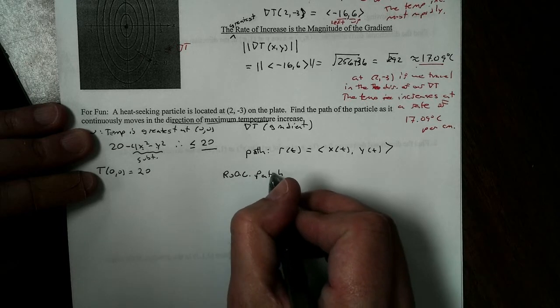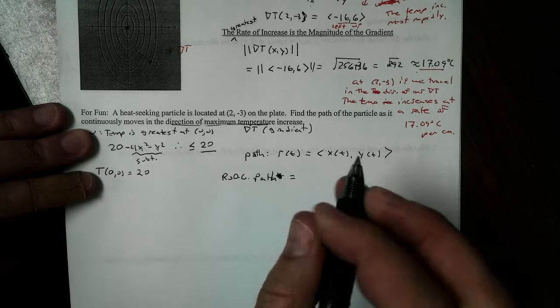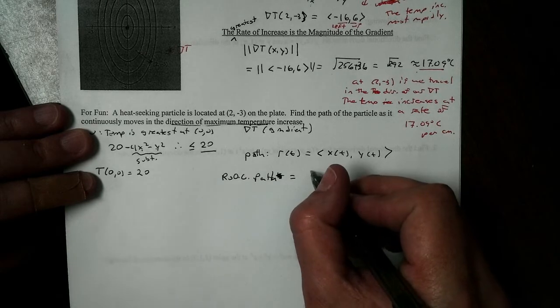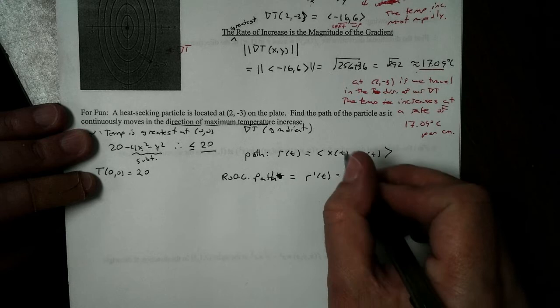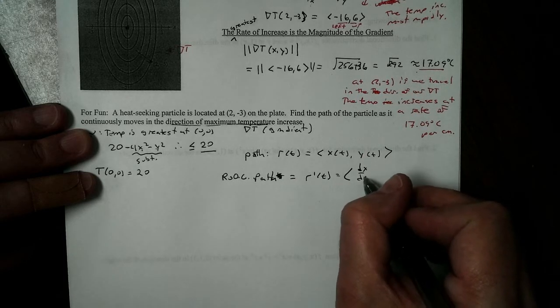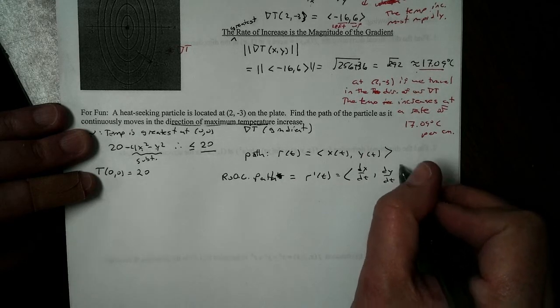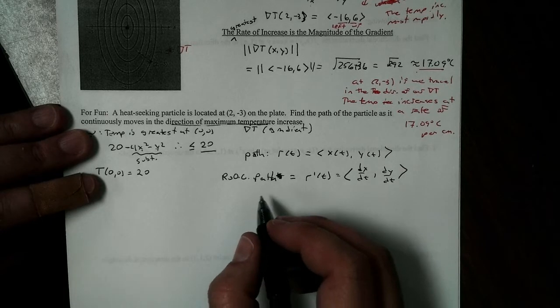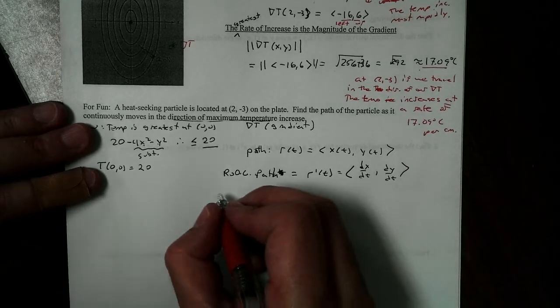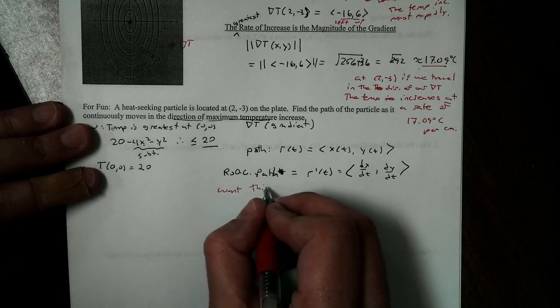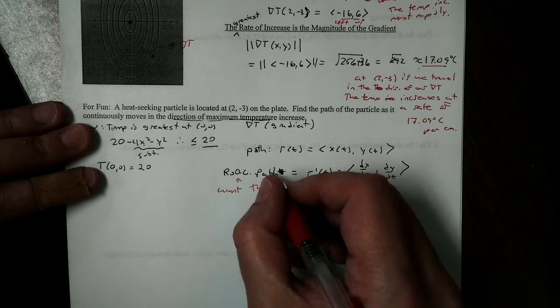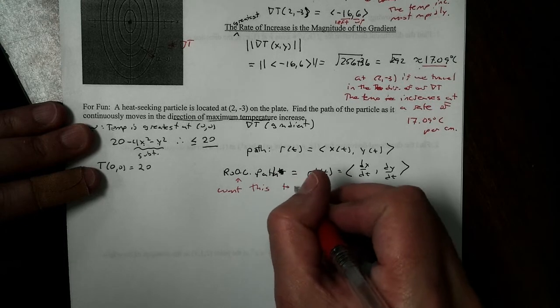To get the rate of change of our path, we just take the derivatives. r'(t) will equal dx/dt, dy/dt. What we want this right here to be is the greatest increase.